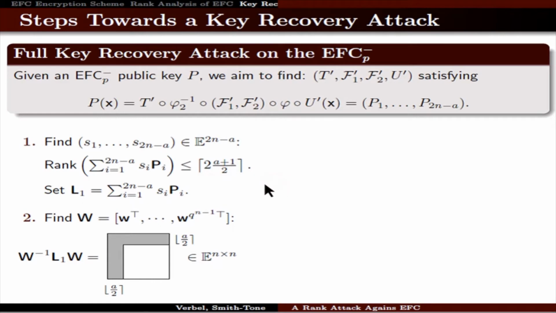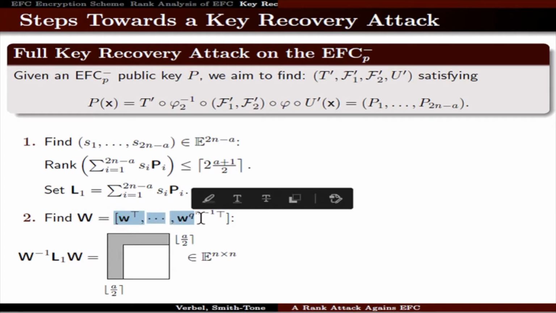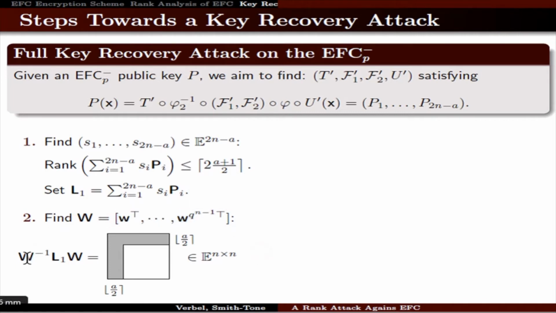And for this matrix L1, we expect to guarantee the existence of a matrix W having this form such that this multiplication over here gives us a matrix with this tail form, where the number of rows that are not completely zero is of size roughly a over 2.